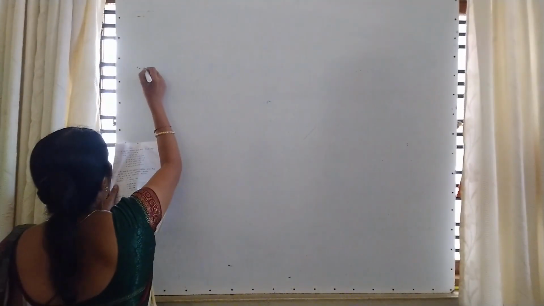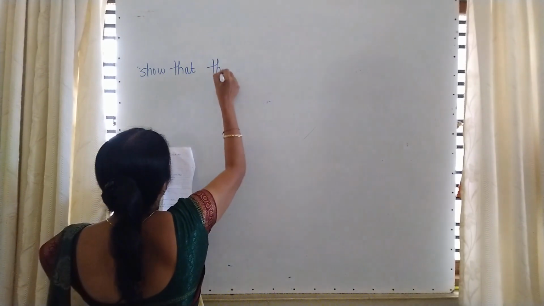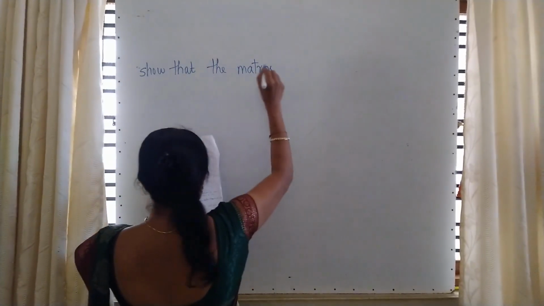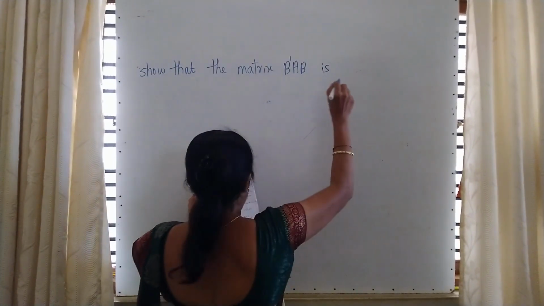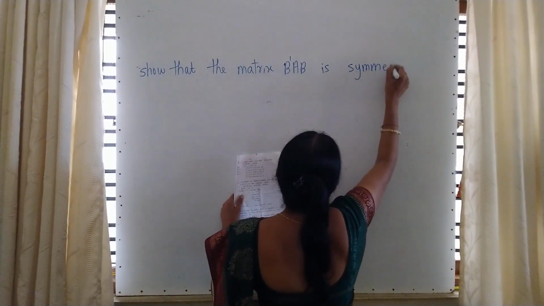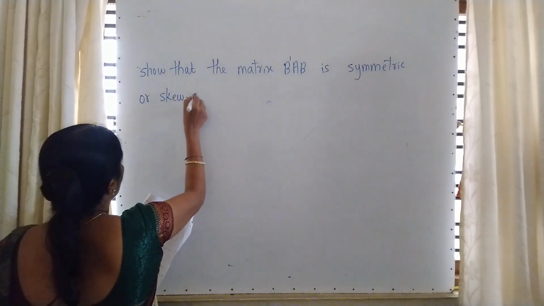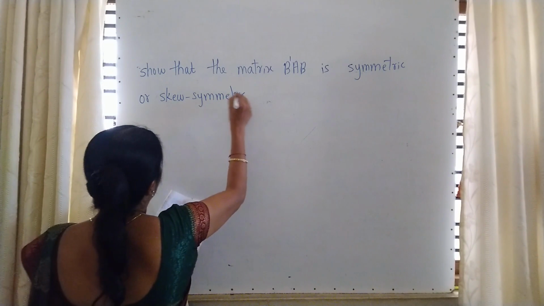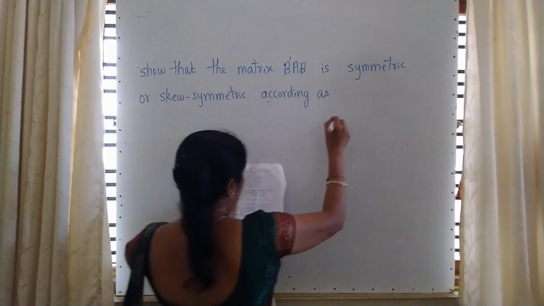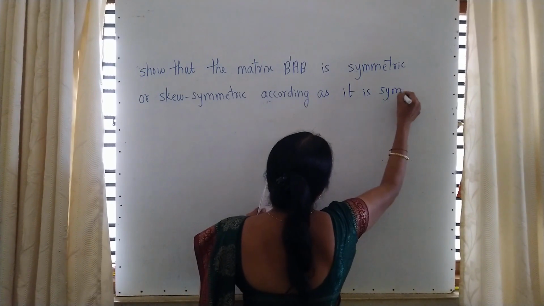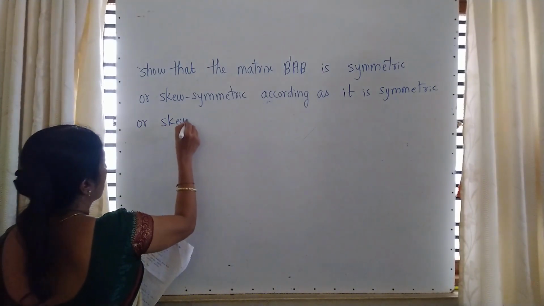Right one, next one. Show that the matrix B transpose A into B is symmetric or skew symmetric according as it is symmetric or skew symmetric.